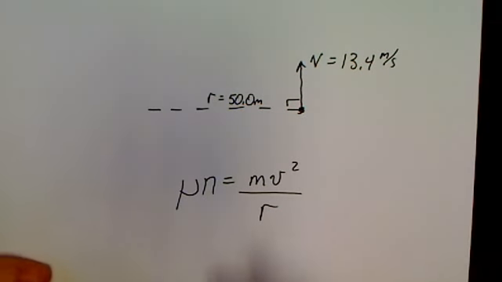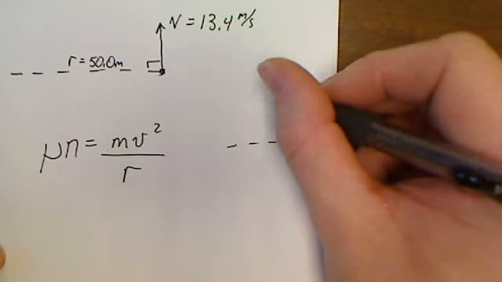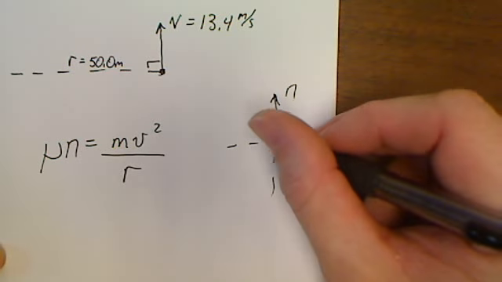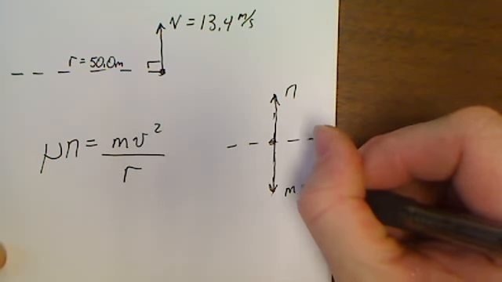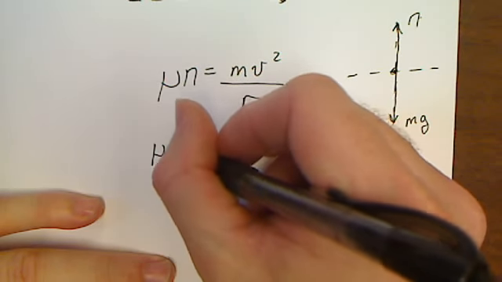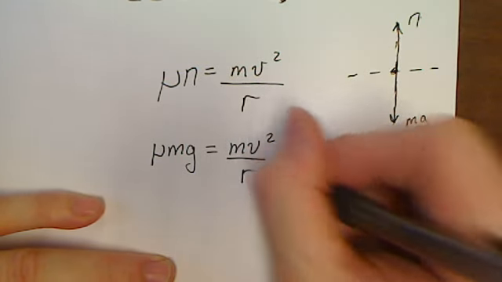So we'll say mu n, this car is on flat ground. We could do a little free body over here. We'd have our normal force going up, our weight going down, mg. So our normal force would be equal to mg. So this is mu mg equals mv squared over r.